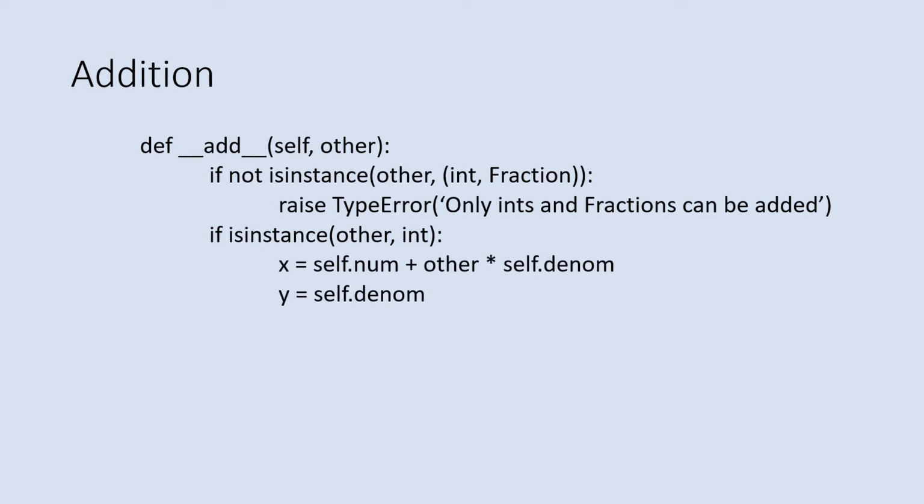If it's an int, then what we do is we will get common denominators and add things together. So we'll create a numerator and create a corresponding denominator. So we get the common denominator, which is whatever the denominator of self was. And so we're going to call that one y.